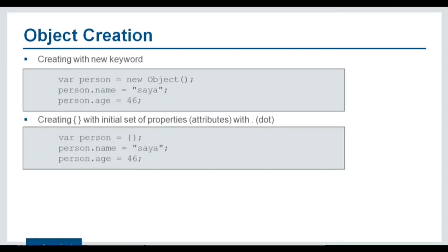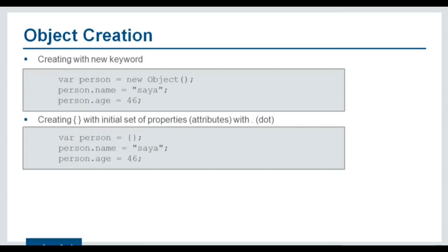That rule is strictly followed here. In the example, we created a variable named person, and using the new operator, we created an object. So using this first line of code, we have created one blank object.